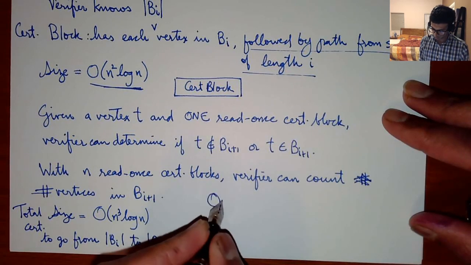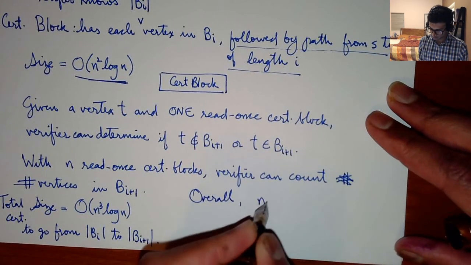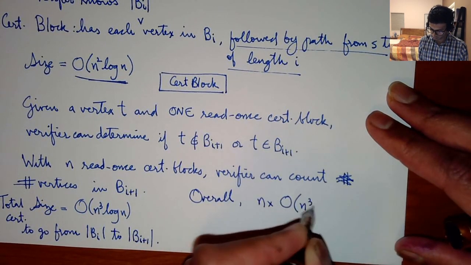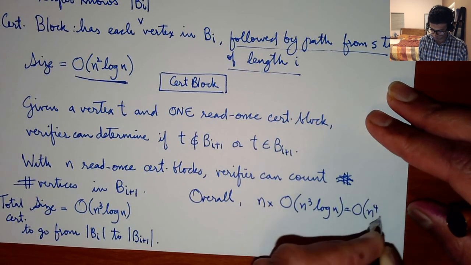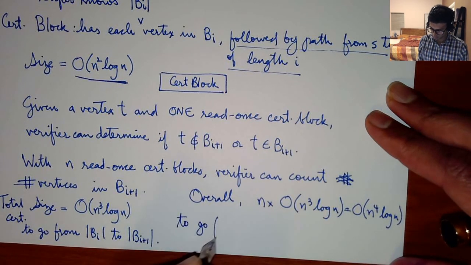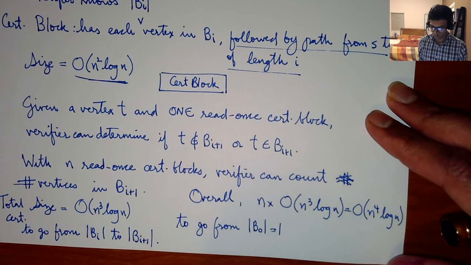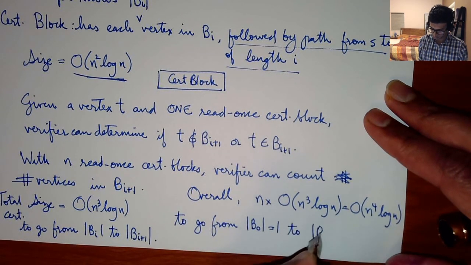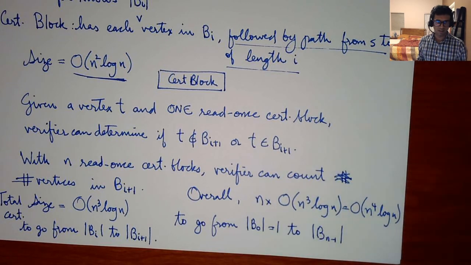And so overall, it's going to be n times this, which is O of n to the 4th log n, to go from B0, which was just 1, to how many vertices S is connected to in the graph.